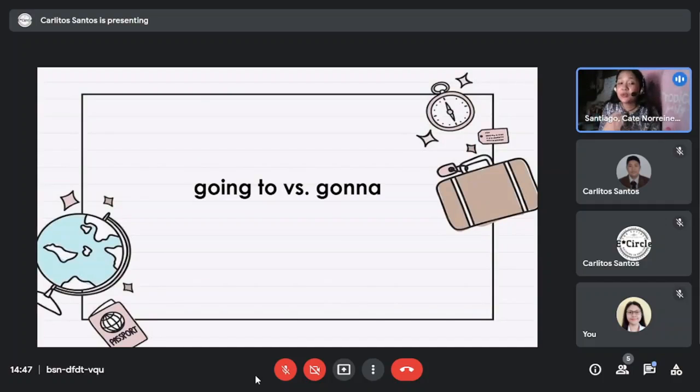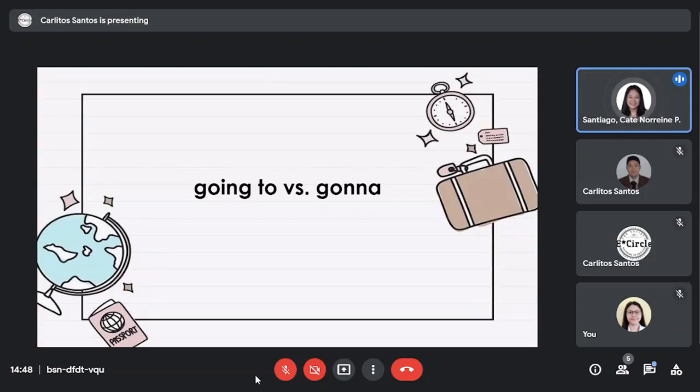The verb gonna will not work if it is going to stand as the main verb of the sentence. For example, I can use I am going to bake.